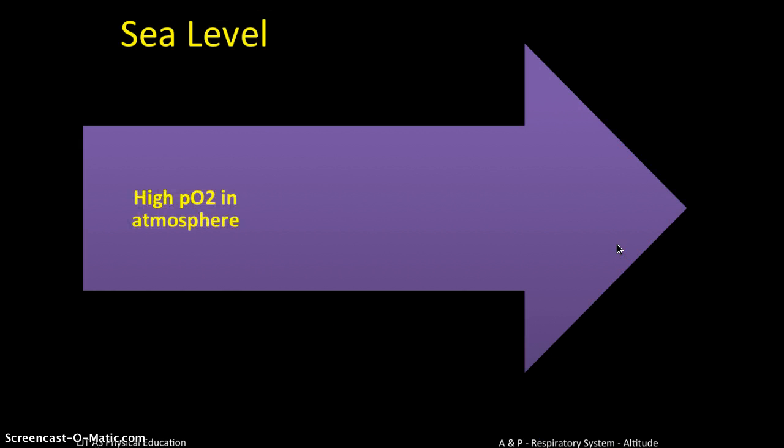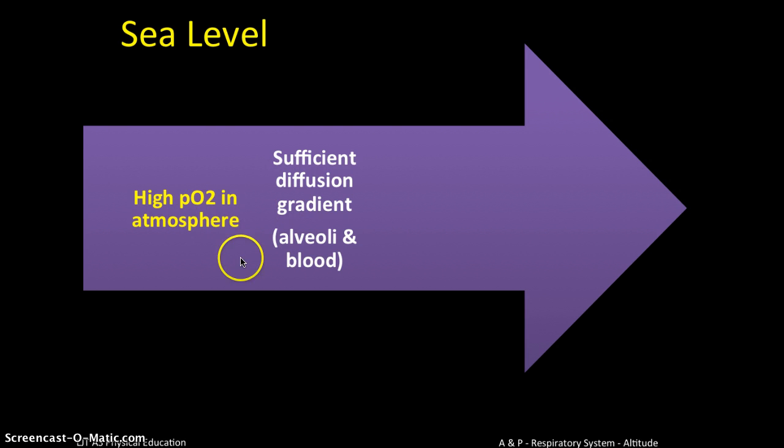Now, at sea level we've got a high partial pressure of oxygen in the atmosphere, so we've got plenty of oxygen that gets into our alveoli, and that creates a sufficient diffusion gradient so that the oxygen from the atmosphere goes into our alveoli and diffuses happily into our blood.